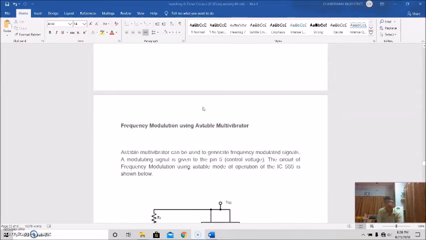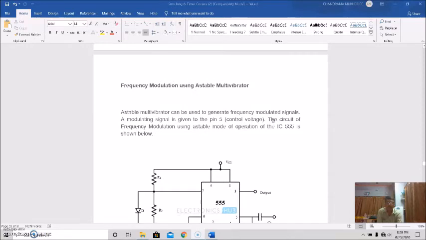Now, see, we can use frequency modulation using Astable multivibrators. So before going to this frequency modulation circuit using Astable multivibrator, we can have a quick recapitulation of the Astable multivibrator, what we have discussed so far.